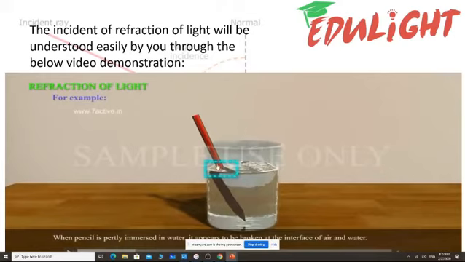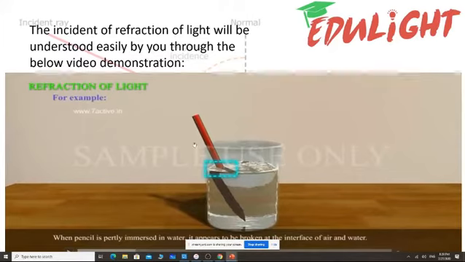See, the pencil is immersed at this point, but the image is seen visible in the water, like a broken part of half of a pencil, and it looks larger than the original pencil.